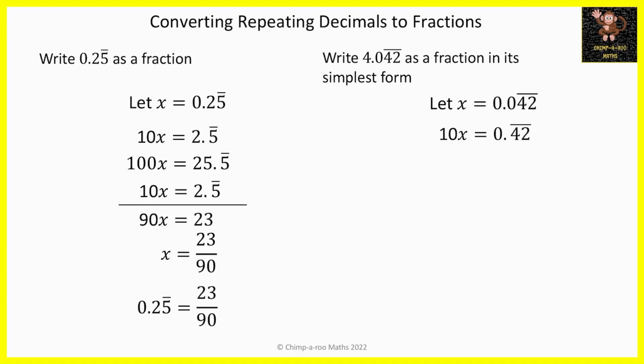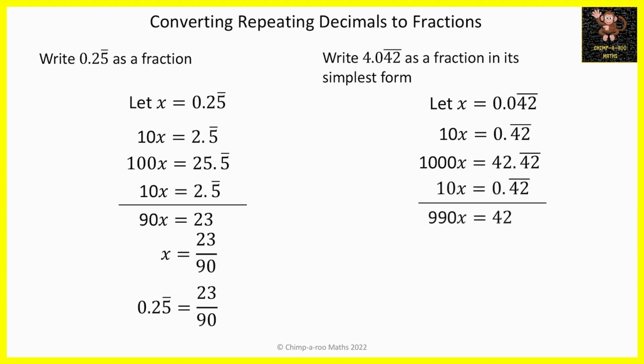So then move the block of digits another 2 places to the left. We'd need to find out what 1000x is, which is 42.42 recurring. So subtracting one from the other, we have 990x is equal to 42.